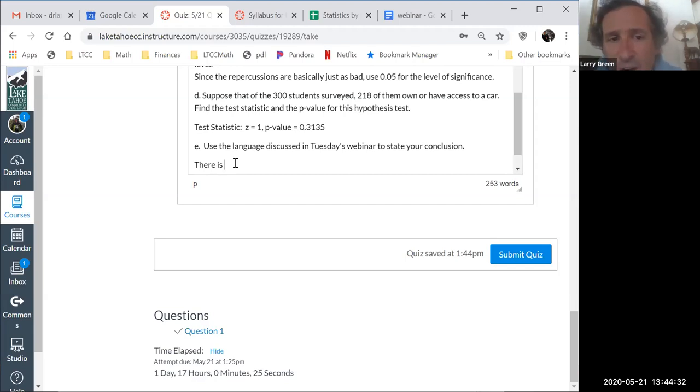There is statistically insignificant evidence to conclude, and then we state H1. Basically, we're saying we can't state H1. Insignificant means you can't do it.